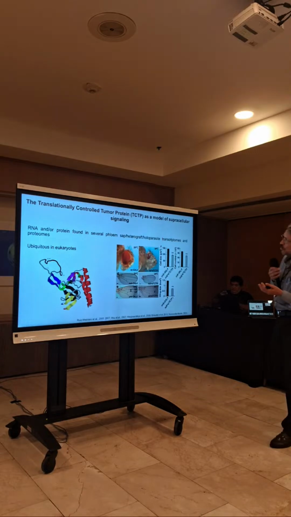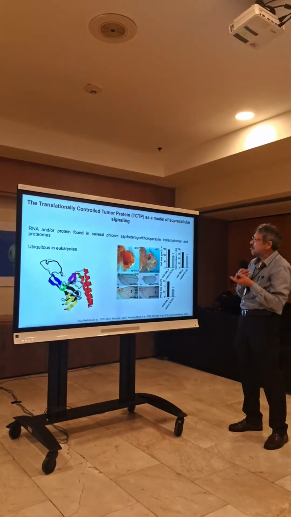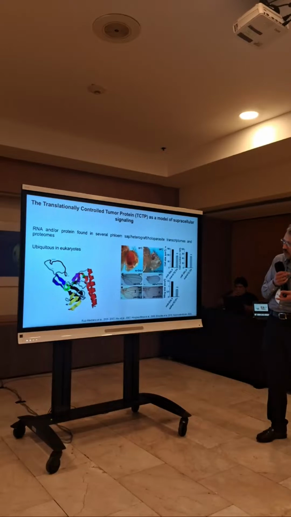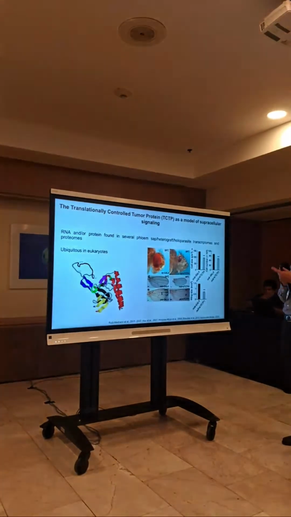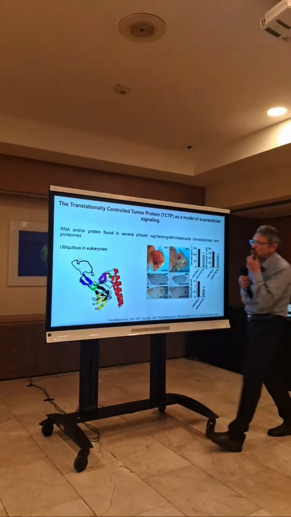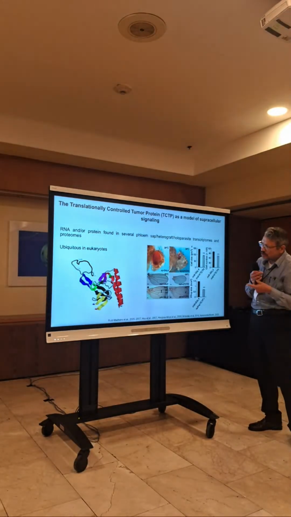Another RNA that we found moving long distance in the phloem encodes the translationally controlled tumor protein, which is almost ubiquitous in eukaryotes. We found it initially in the phloem sap of pumpkin, but it is also present in phloem sap, graft, and holoparasite transcriptomes and proteomes.